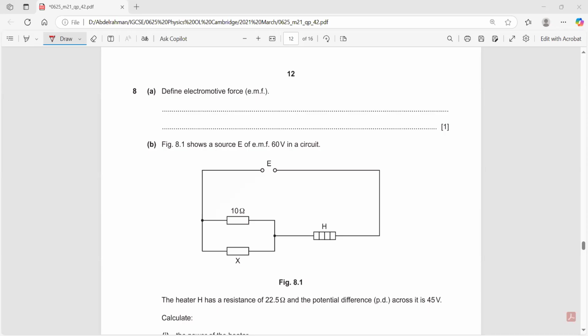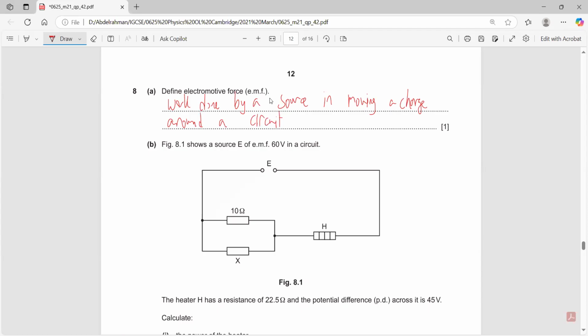So electromotive force is the work done by a source in moving a charge around a circuit.